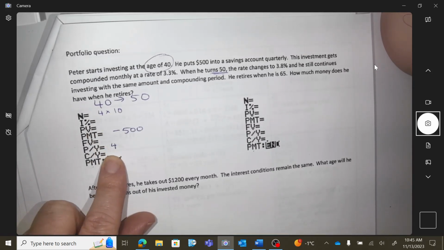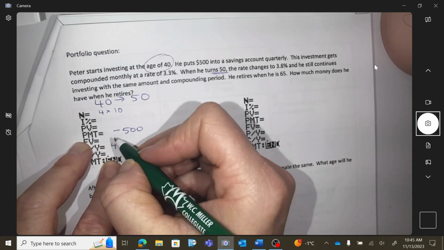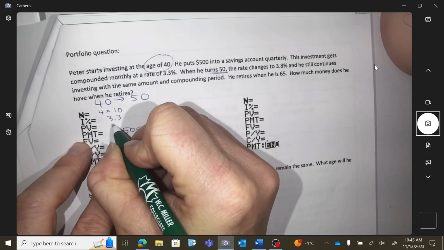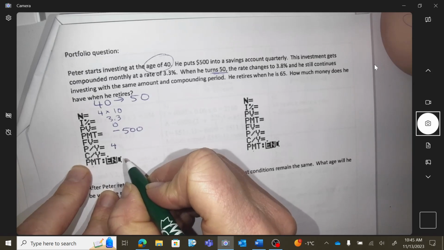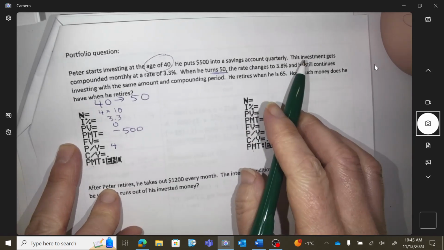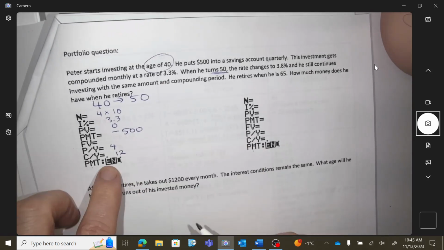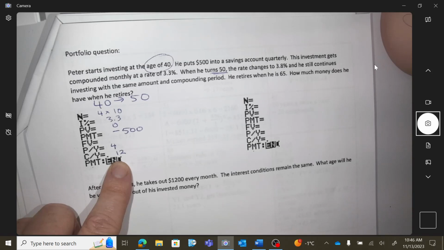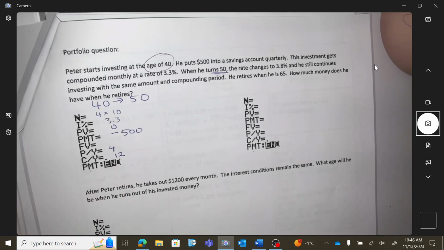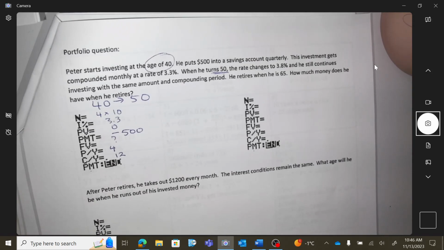Would that be good? 3.3, started with nothing. And the investment percent part was compounded monthly. So be careful with the wording: the money is quarterly, but the investment percent is monthly. Okay, did we match with all our info?